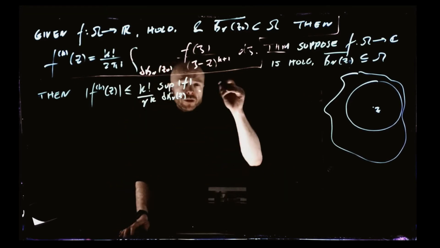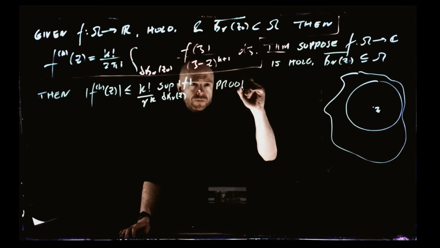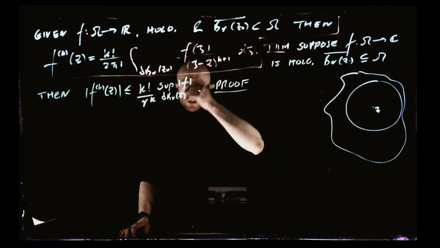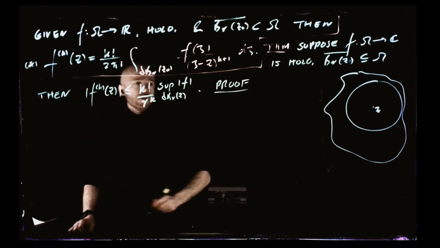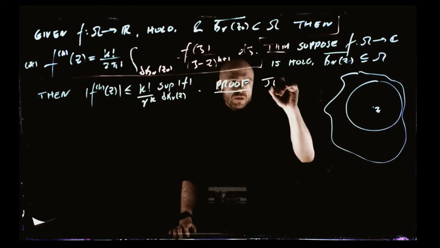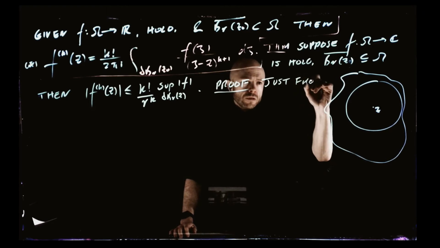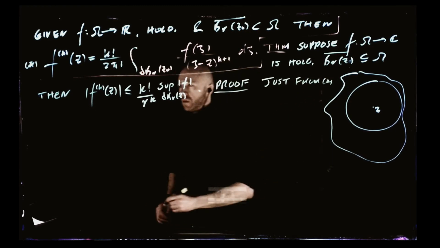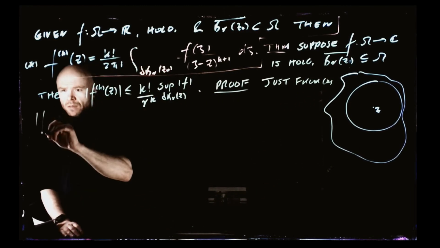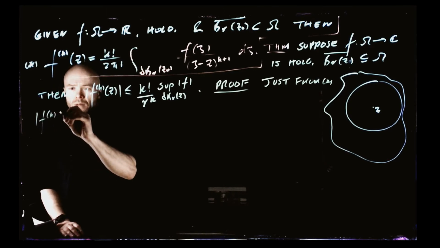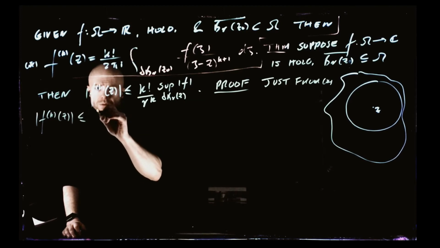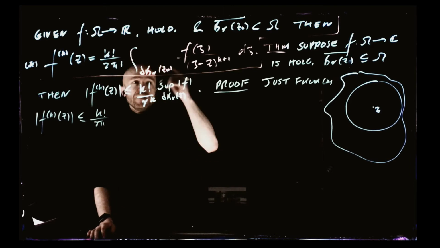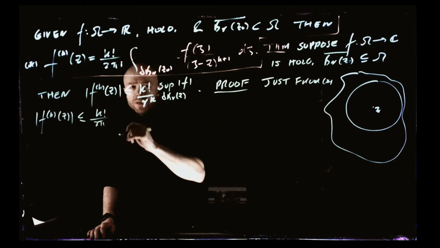All right, so proof. Just from the Cauchy integral formula, so this is for derivatives, if we just take the absolute value sign and put it through the integral, so we're going to have k factorial over 2 pi, and then we take the absolute value sign inside this.